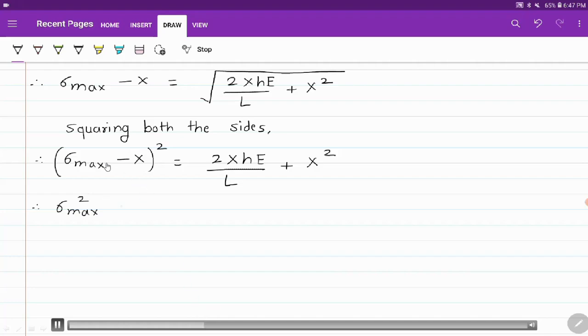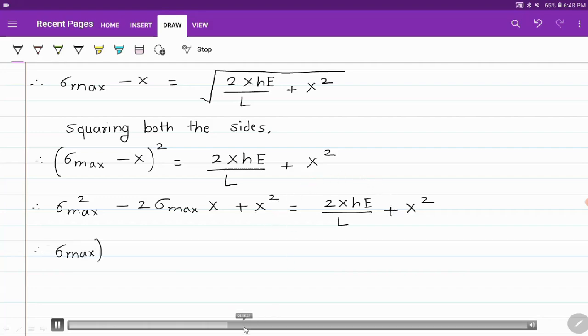Now square this particular term. It is (a minus b) whole square, that is a square minus 2ab plus b square, equal to 2xhE upon L plus x square as it is. This x square and this x square will get cancelled, because plus x square will come on this side, it will become minus x square and then get cancelled out.